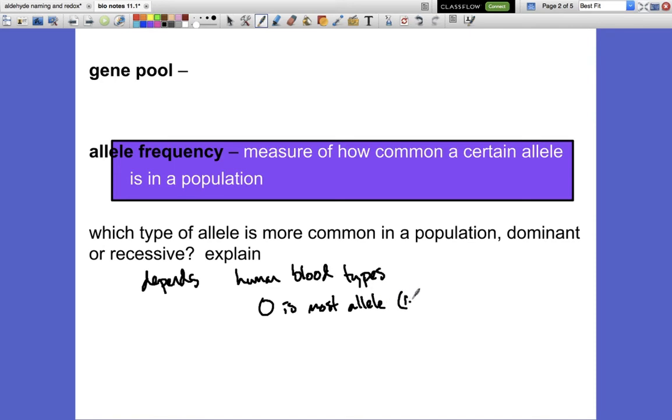Again, when something's recessive, if there are more recessive phenotypes than dominant phenotypes, that means that there are a lot more recessive alleles than dominant alleles. So just for that example alone, O is the most common allele. I just wrote "most allele." I meant most common allele, obviously.